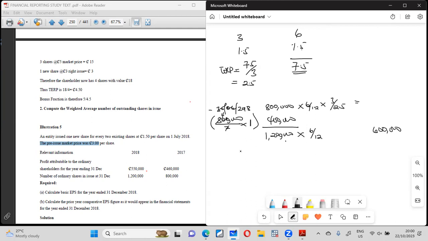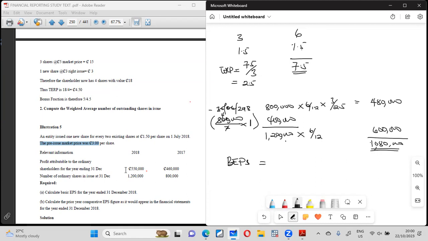All right, so complete it. What will be here so that we can get the total? 480,000. So how much will it be? 1,080,000 shares.